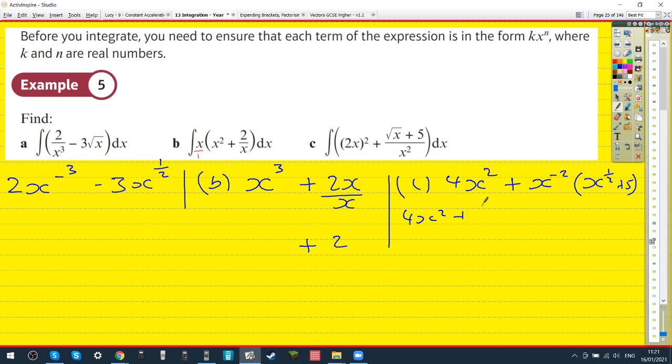You get 1 for x, so just x. X to the minus 2 times x to the half. You add the powers, so it's minus 2 plus a half.